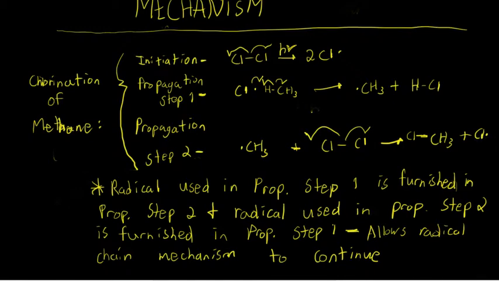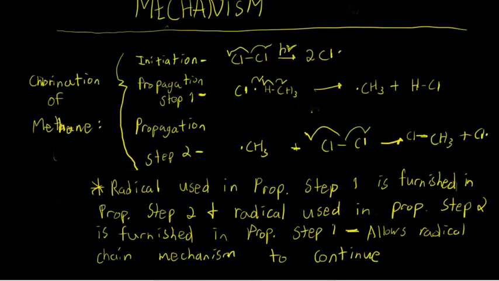And what you'll notice here, and this is very important, is that the radical used in propagation step 1, that's the chlorine radical, is furnished in propagation step 2. And the radical used in propagation step 2 is furnished in propagation step 1.